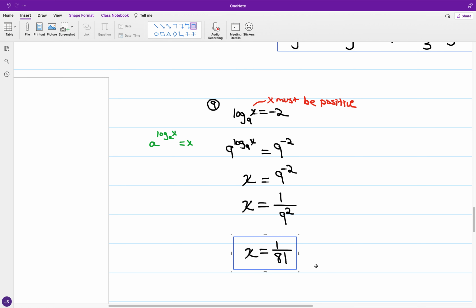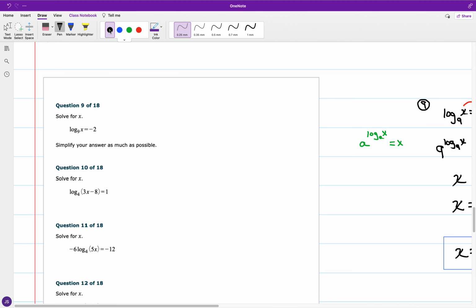Now, in the case of number 10, we have a base 4 logarithmic term. In this one case, we've got the base 4 logarithm of the quantity 3x minus 8 is equal to 1.